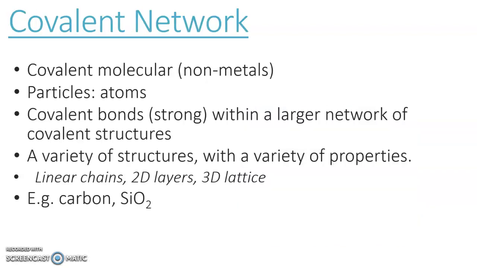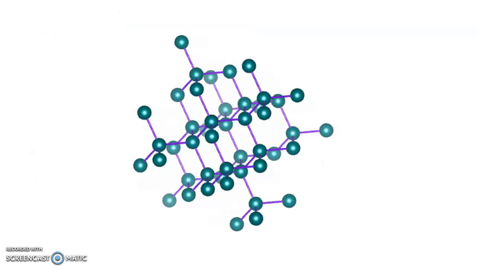Okay, the last type, not quite so common, but worth knowing about still, is what we call a covalent network. This happens in non-metals. A great example is diamond, which is made up purely of carbon atoms. The particles are atoms. In fact, let's go to a picture, and then we'll come back to explain how it works.